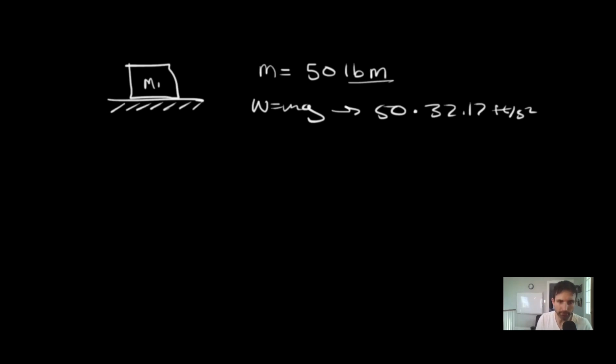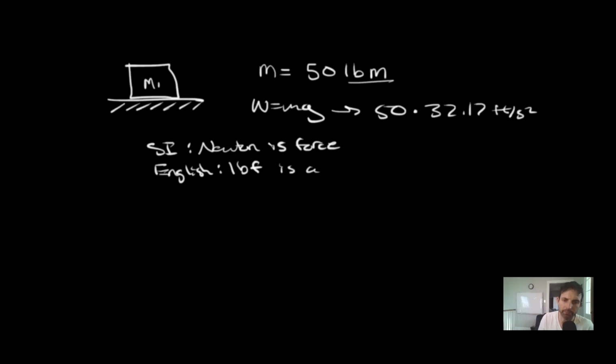Okay, so here's why. In the English units, just like in the SI units, when I said a Newton is a force, in the English units, a pound force is a force.